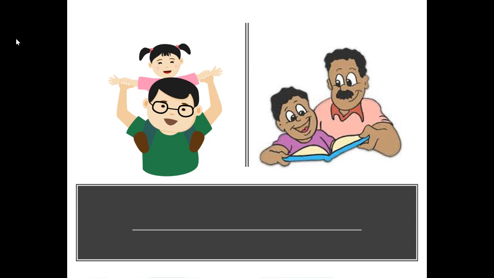In the next picture, I notice also a father reading with his son or relative. So, how are these pictures the same or similar? They both, well, they both show father.